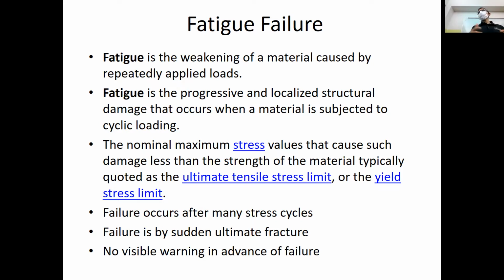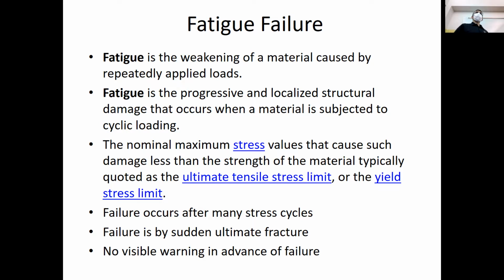So fatigue is weakening of the material because I'm no longer at the expected strength, but at much lower strengths because I am weakening it using these repeated loads. Failure is abrupt and sudden and really catastrophic in many cases. We want to make sure we avoid it.